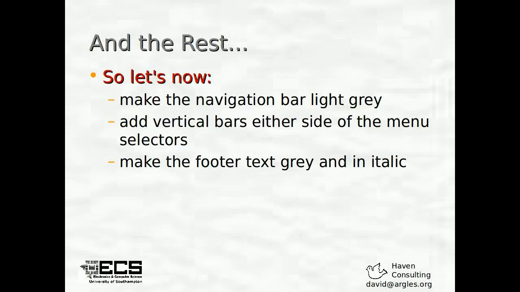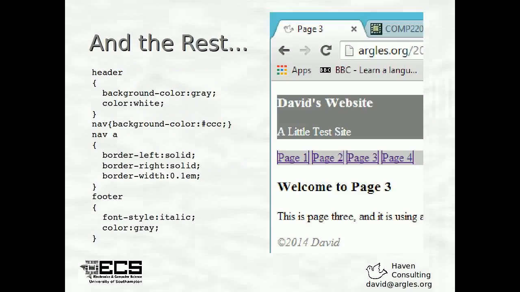I can't think why I did that, but hey, I don't want to go back and change all the materials for the sake of this video. Maybe next year, but for now we'll leave it awful. Okay, we'll change it later in some of these examples. We'll make the footer text grey and in italic. So if we have a look at all of that, on this slide now we can see the CSS that we've produced to achieve that, and we can see the result here as well.